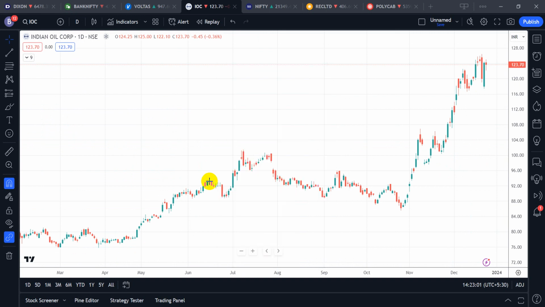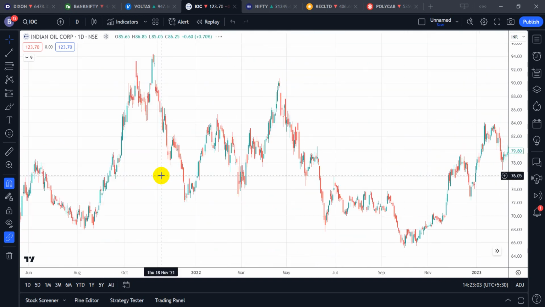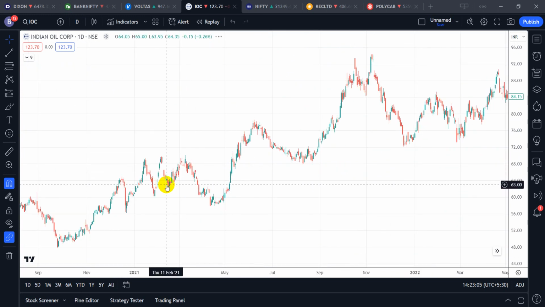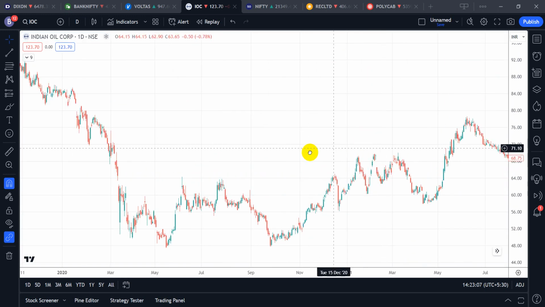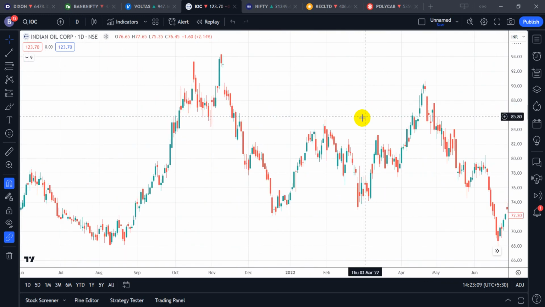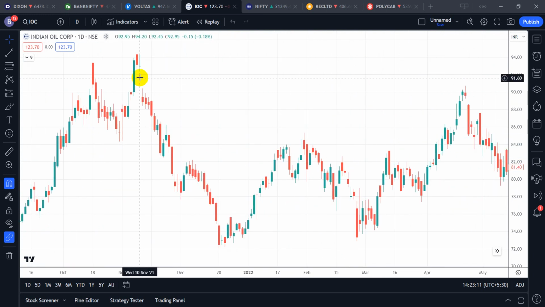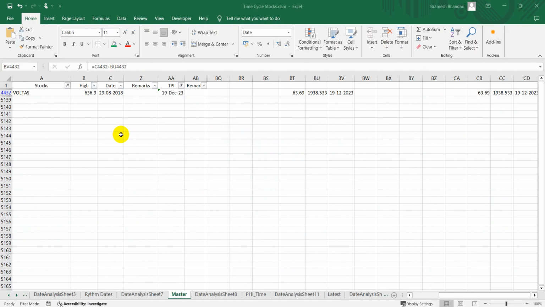We need to find a major top or major bottom of this particular instrument. It made a major top somewhere here. On 9th November 2021, it made a high of 94.35. I can put here IOC and 09 November 21.